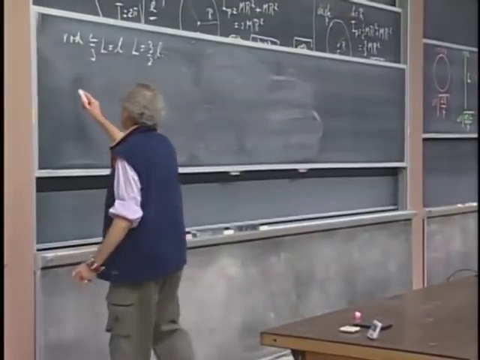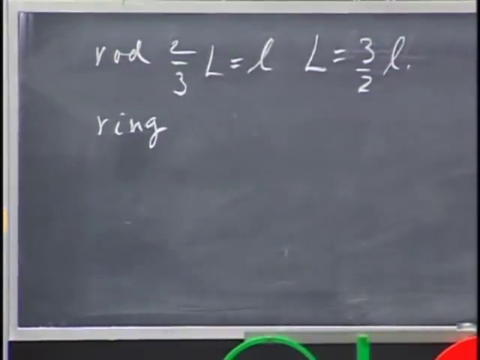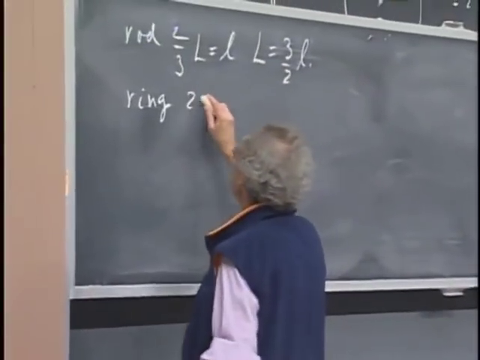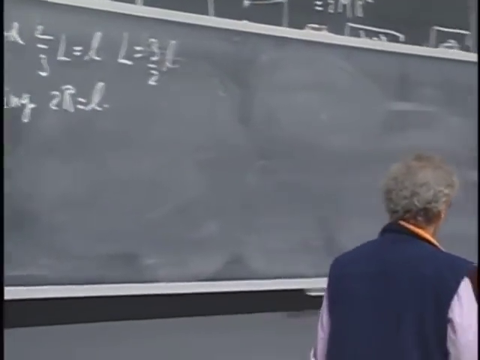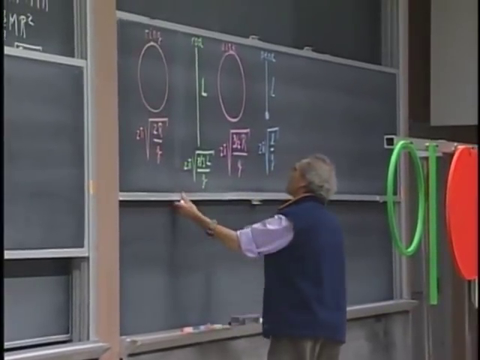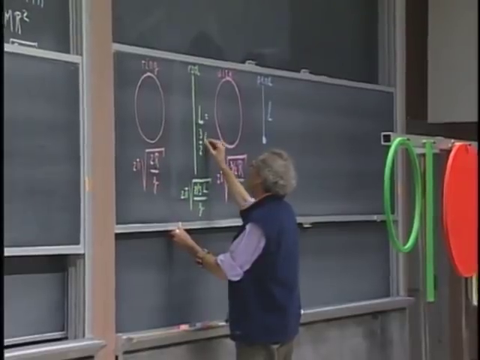So let's now go to the ring. For the ring, to have the same period, 1 second, 2r has to be the same as the length of the pendulum. So 2r equals l. So we can put in here, for the rod, 1.5 times l.